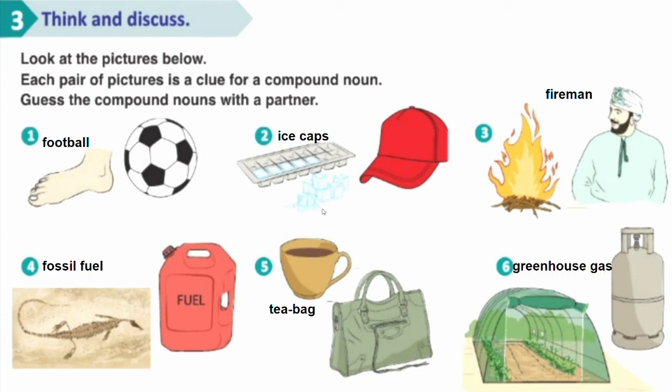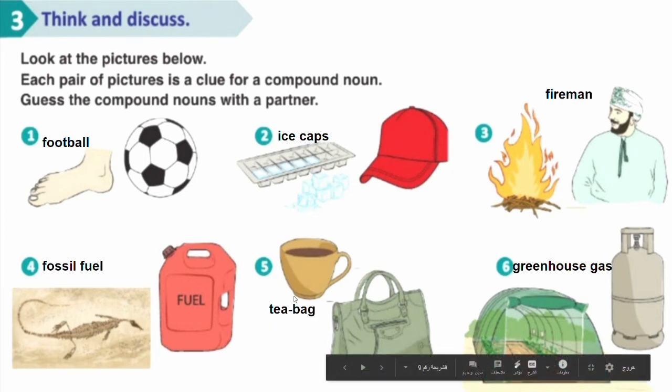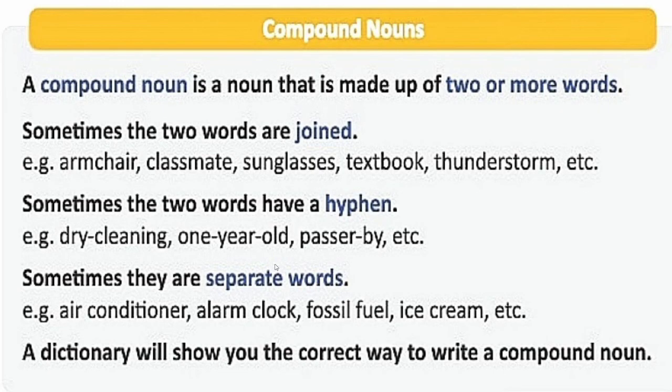Excellent. As you can see here, we have two nouns which are joined together to form a compound noun. Here we have two nouns separated by a space, and we have the third type, two nouns which are joined with a hyphen that comes between the two nouns. And here we have the three types.